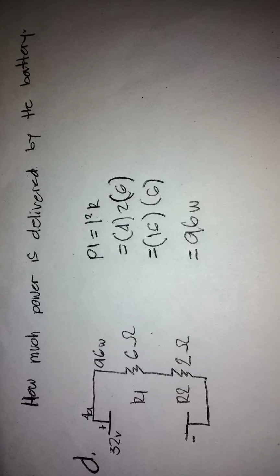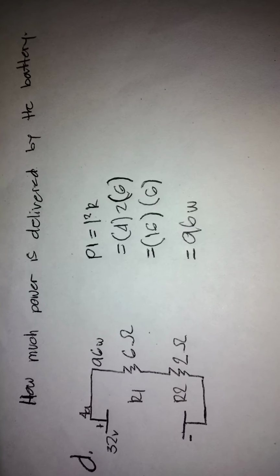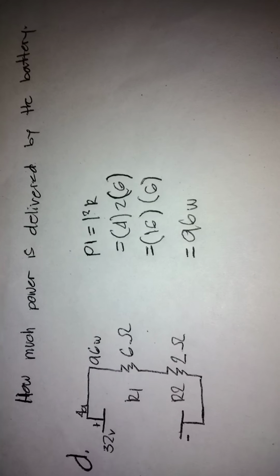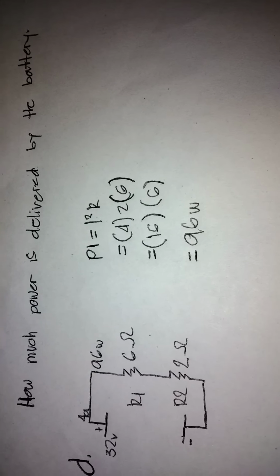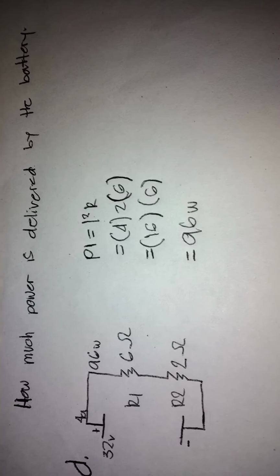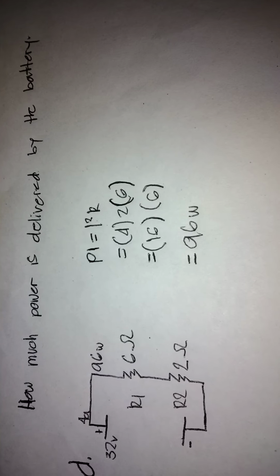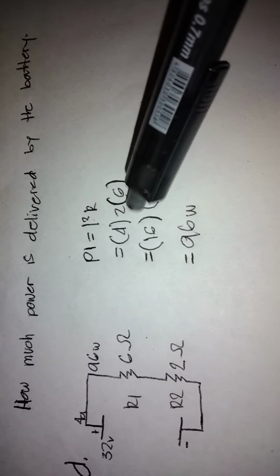And now, let's proceed to letter D. How much power is absorbed by each resistor? We have here the equation: P1 is equal to I squared times R. So we have 4 amps squared times 6 ohms.